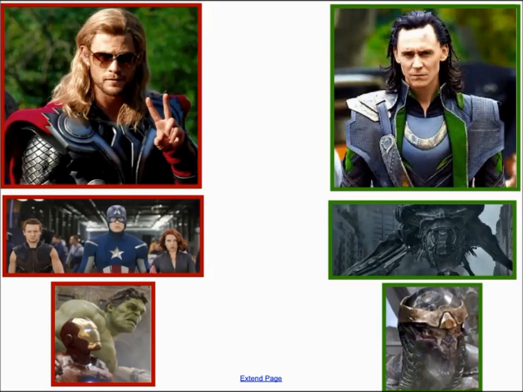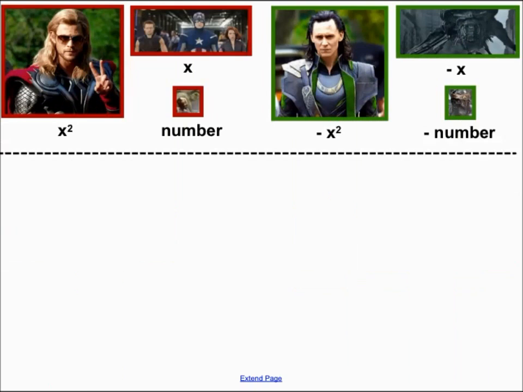So we're going to use these good guys and bad guys to kind of show how to add and subtract polynomials. So go along with me here. We're going to let Thor up here be x squared. This trio of good guys be x, and Iron Man and the Hulk, they're going to be numbers.